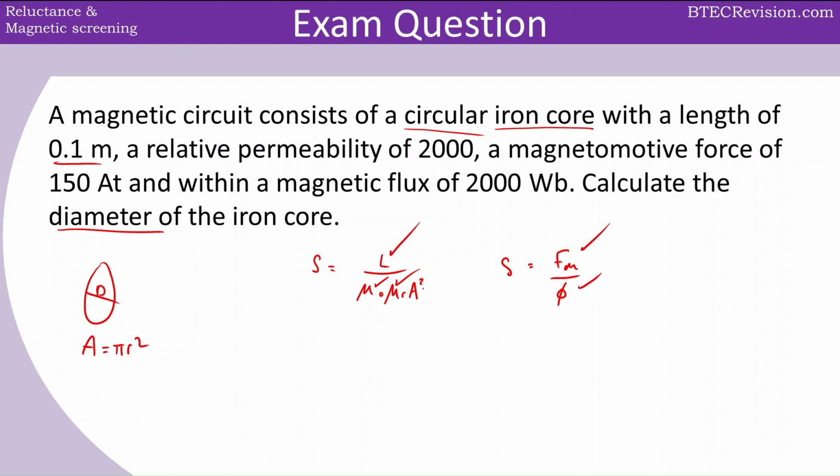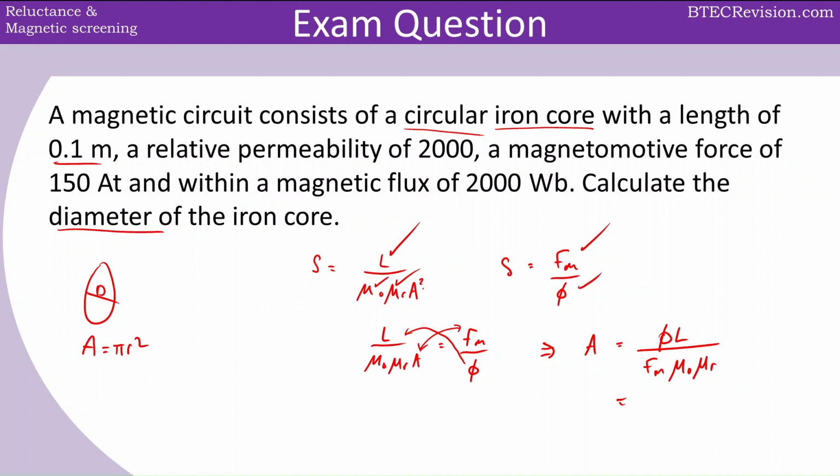So if you look here, we can equate these two equations and rearrange for A. So L over mu naught mu R A equals Fm over phi. Rearranging for A, making A the subject, we would get A equals phi L over Fm mu naught mu R. Now we can plug in our values.